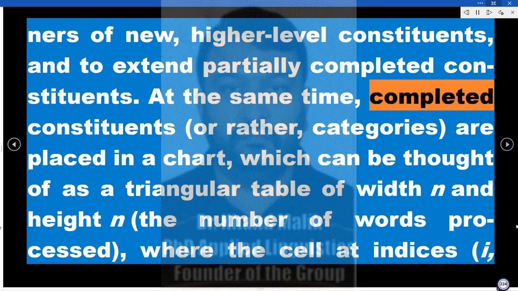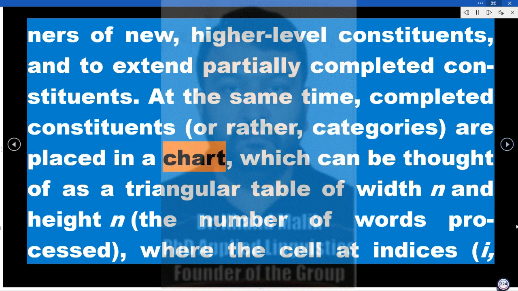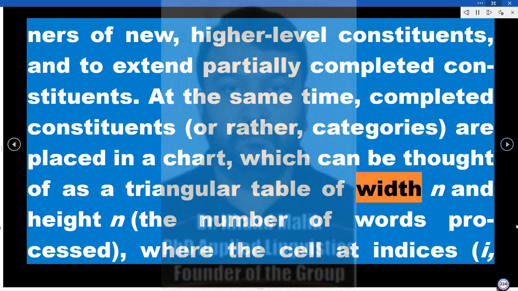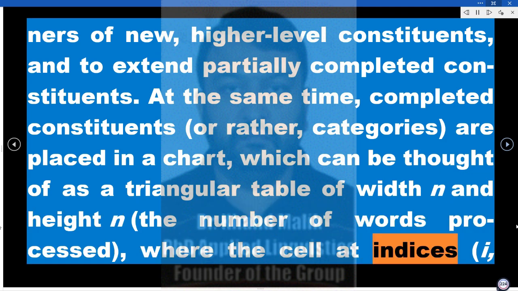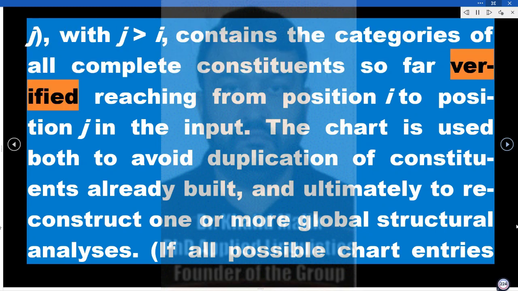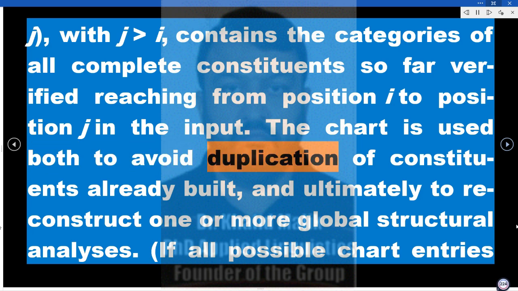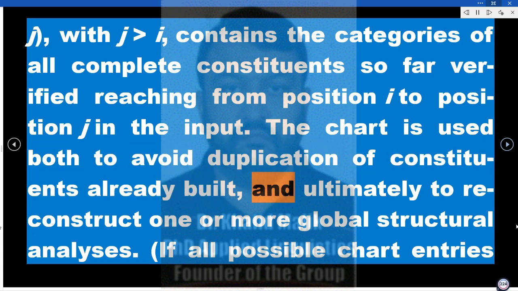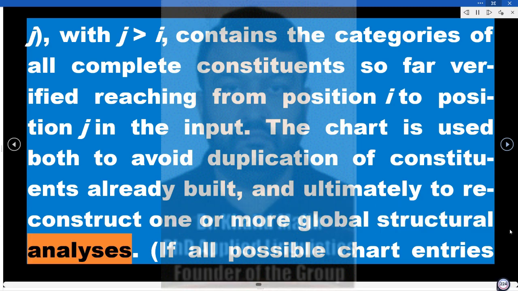At the same time, completed constituents, or rather, categories, are placed in a chart, which can be thought of as a triangular table of width n and height n, the number of words processed, where the cell at indices i, j, with j ≥ i, contains the categories of all complete constituents so far verified reaching from position i to position j in the input. The chart is used both to avoid duplication of constituents already built, and ultimately to reconstruct one or more global structural analyses.